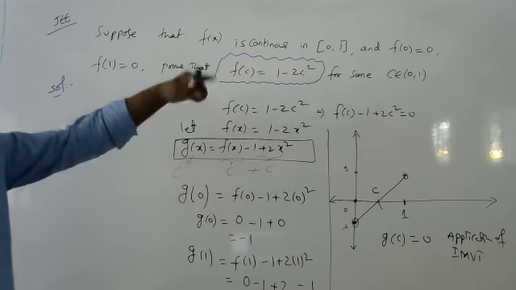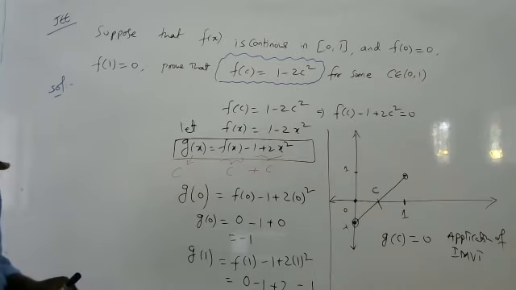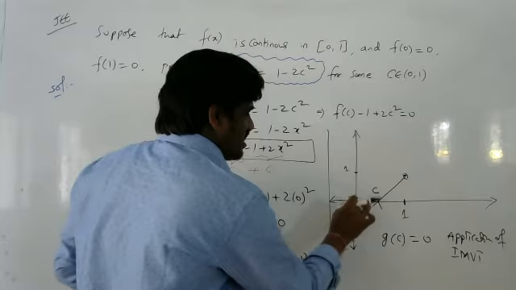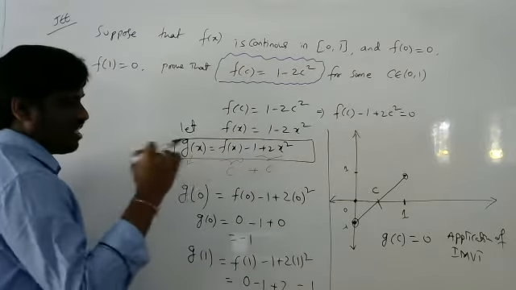Whenever you get one positive and one negative, there will exist at least one root. Let us take c as the root. So g of c will be 0.